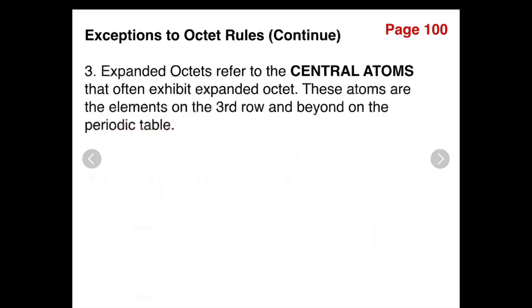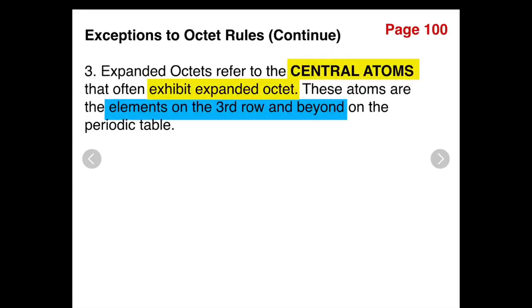Okay. All right, so the last exception is called expanded octet, which again refers to the central atom. When we talk about expanded octet or incomplete octet, we are focusing on only the central atom. So the central atoms that are elements in the 3rd row and beyond would be able to have the expanded octet.